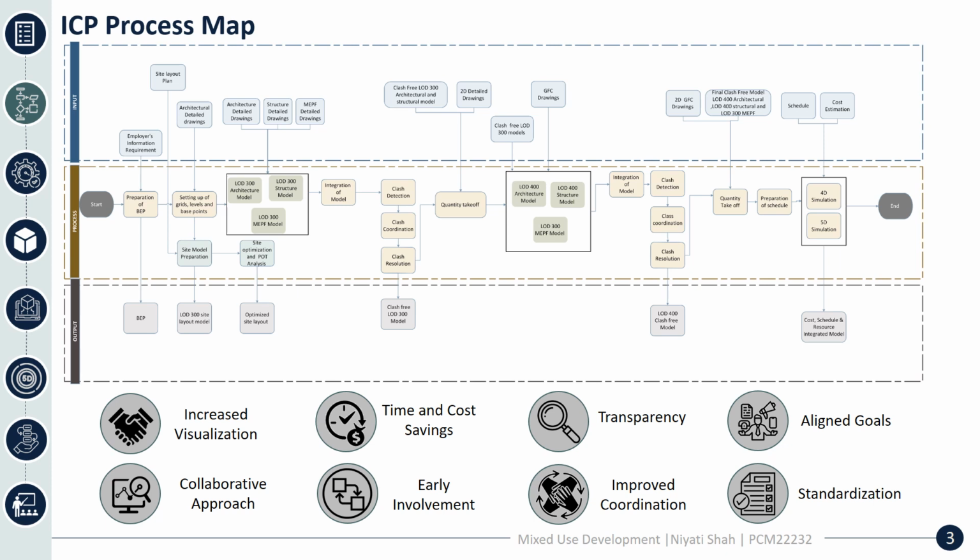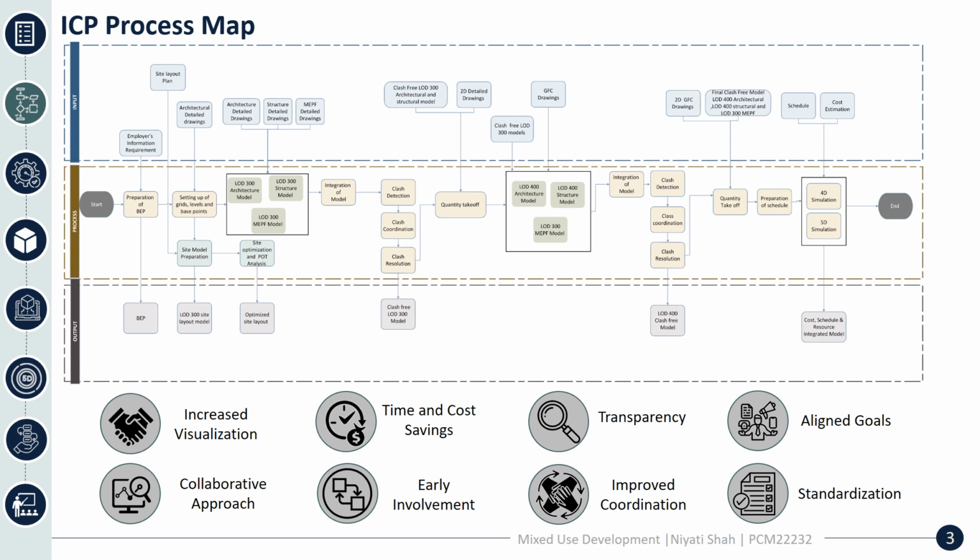From the clash free models we were able to obtain the quantities, and compare the manually calculated quantities with the Revit calculated quantities. After that, LOD 400 models were prepared for the architecture and structure. Integration was done between the LOD 400 architecture and structure, and the LOD 300 MEPF model.